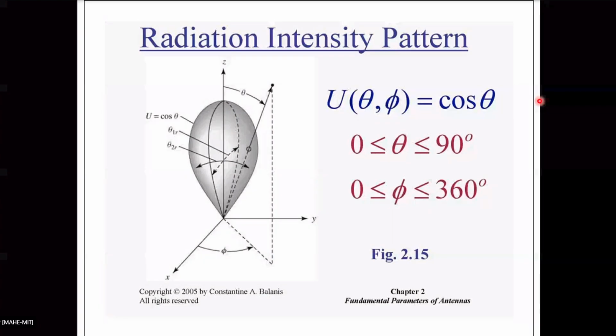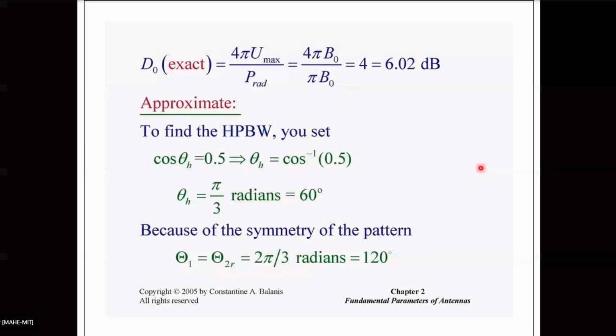Cos 60 is half, so 60 degrees into 2. In radians you have to convert. That is 120 degrees; in radians, what will you get? So this is using the exact formula, D naught. Then theta h is 60 degrees, that is pi by 3.